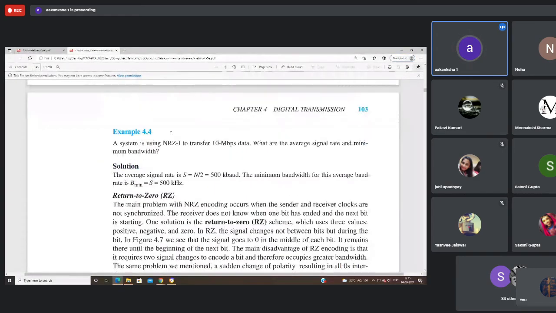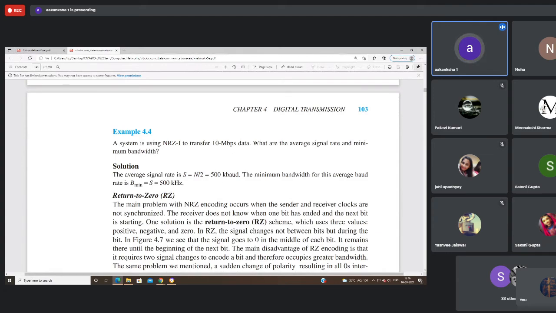Now an example for calculating the average signal rate and minimum bandwidth. A signal system is using NRZ-I to transfer 10 Mbps of data. What are the average signal rate and minimum bandwidth? S is N/2, which is 500k bauds. Why?